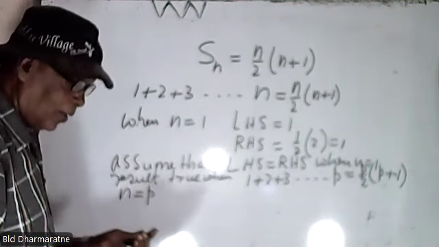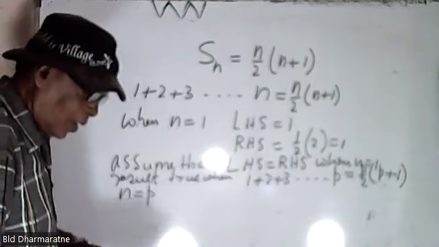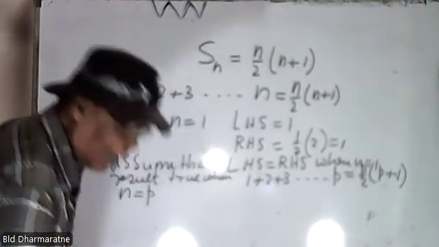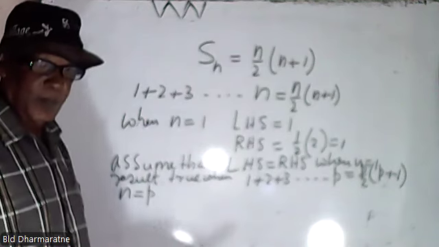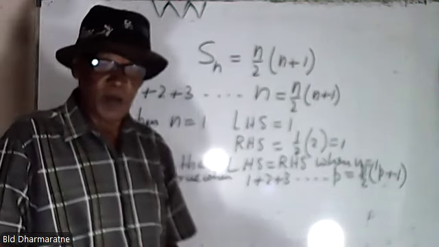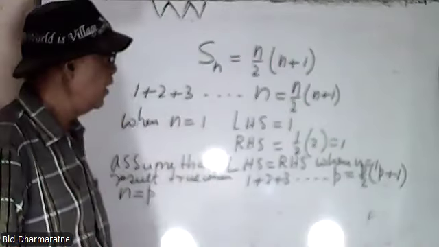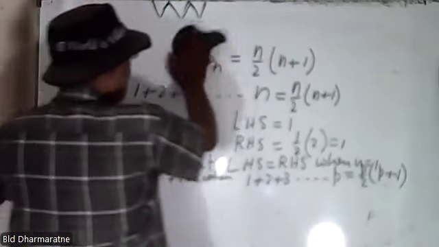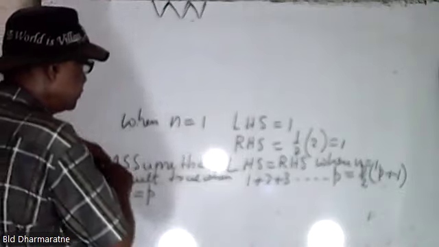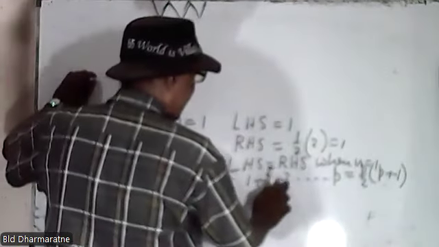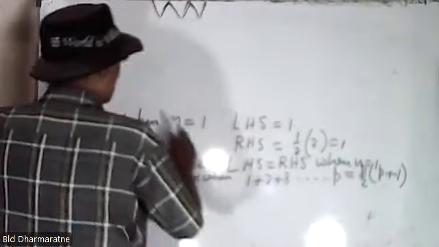How to do that? Now you cannot just substitute n equals p plus 1, but you have to prove it. It is very easy to prove. In these terms, 1 plus 2 plus 3 plus up to p, what is the p plus 1 term?